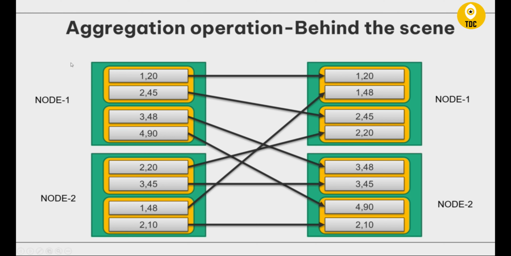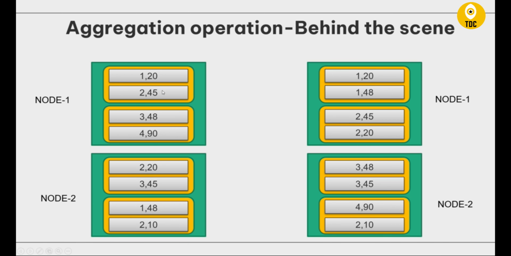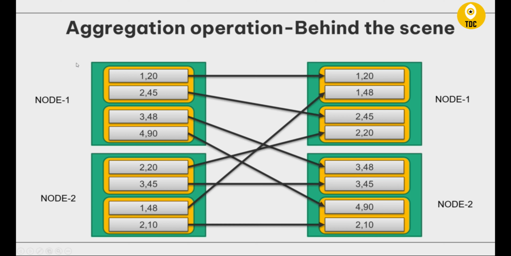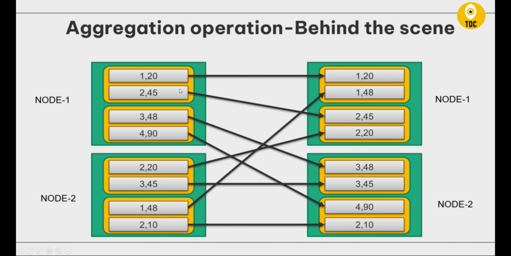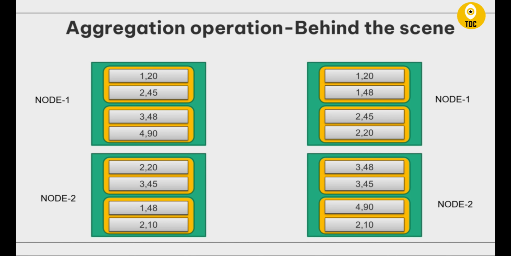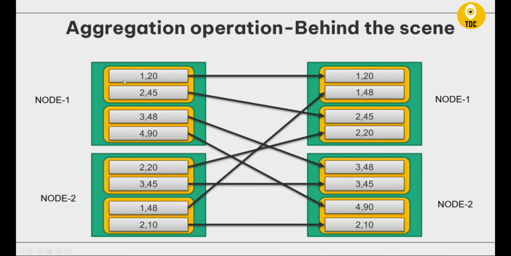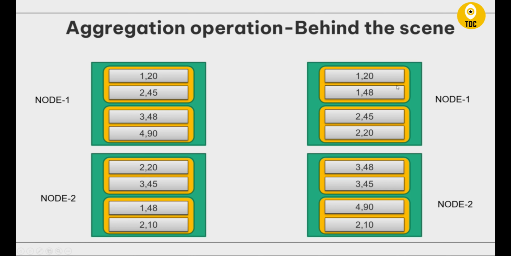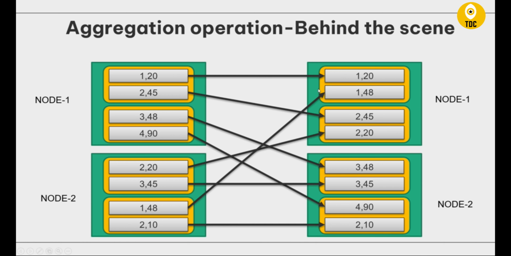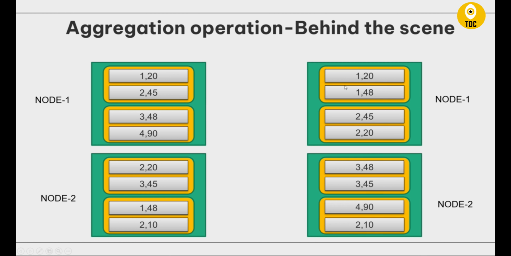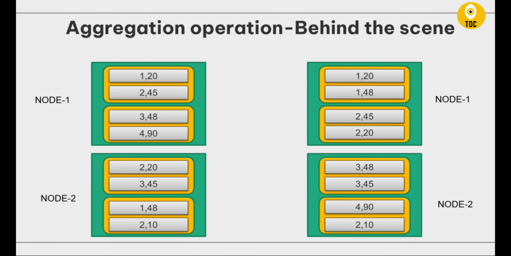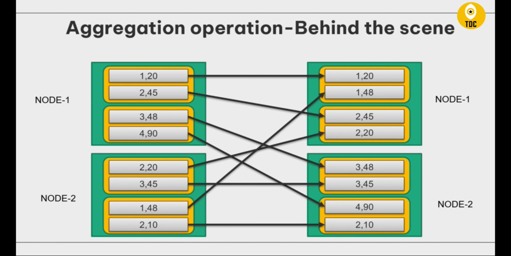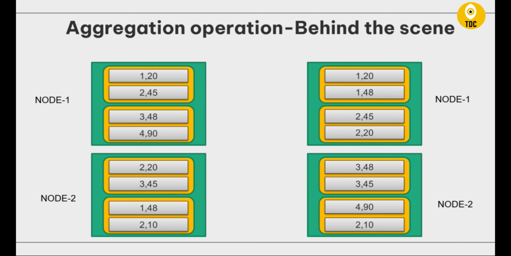So that is why, in the background, whenever aggregation operations are executed, the first step before applying the aggregation is that it will move the data from one partition to another partition, so that for the key that you are using, which is ID, all the data pertaining to one particular ID comes into one partition, or at least physically a nearby partition.